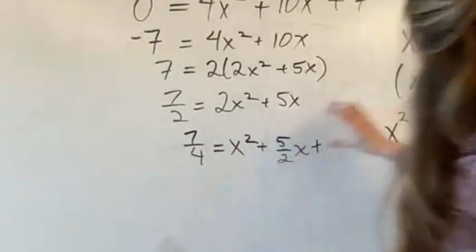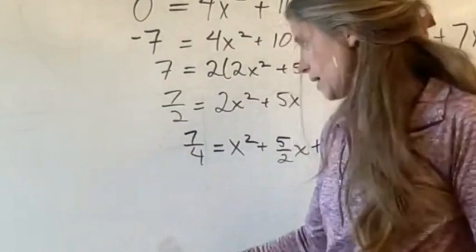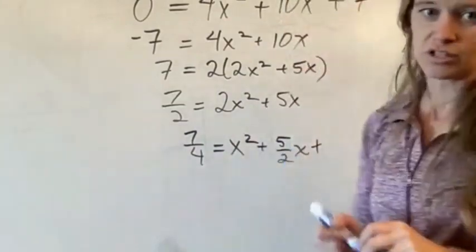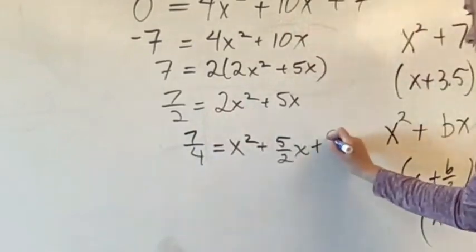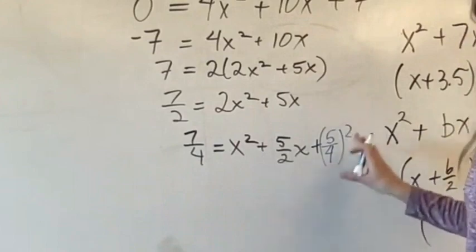I'm going to take this term, just like the b, divide it by 2, and then square it. So 5/2 divided by 2 is actually 5/4. So I would say 5/4, and then I would square it. Now, I can only do that if I add it over here. I have to be fair.